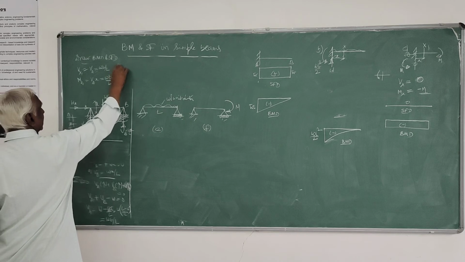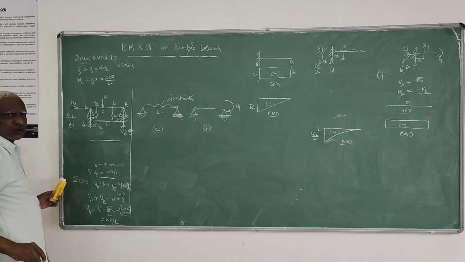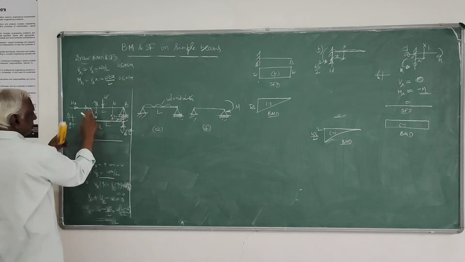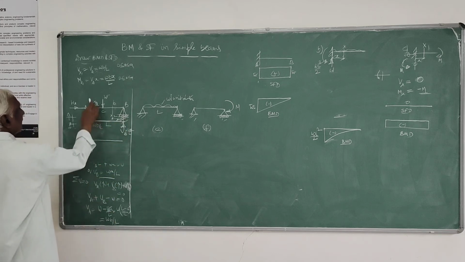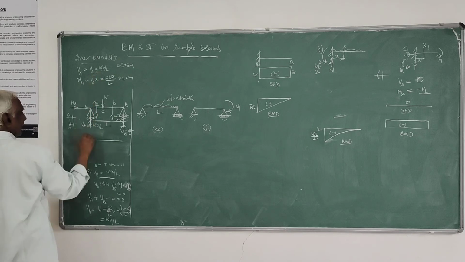This holds good between 0 less than x less than a, 0 to a. This also 0 to a. Then 0 to b is this equation that we take next. Here when x equals 0, it is WB by L positive.